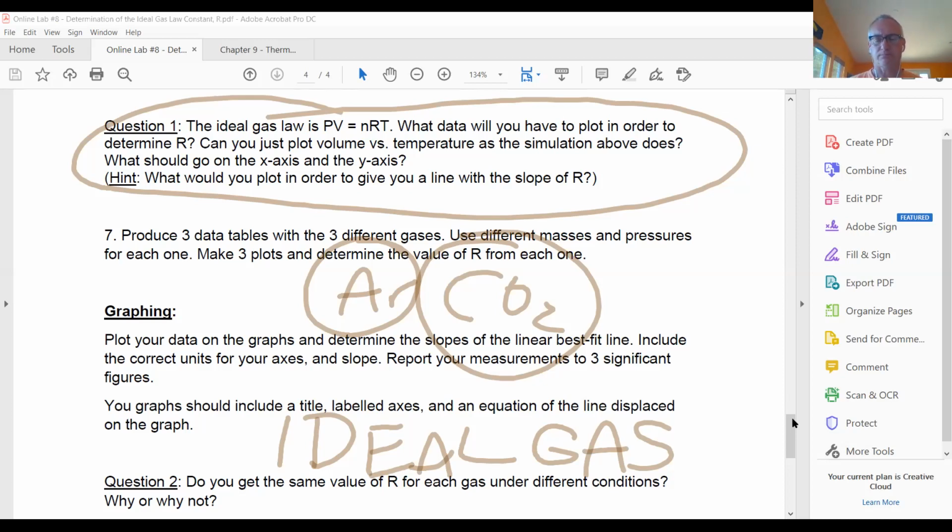Ideal gas should be linear. Yeah, it should. If we plot all of its values for R, it should be a perfectly straight line. But why? Basically, what does an ideal gas do or not do that a non-ideal gas does? What's different about it? Maybe you don't remember. I didn't go into it in enough detail.